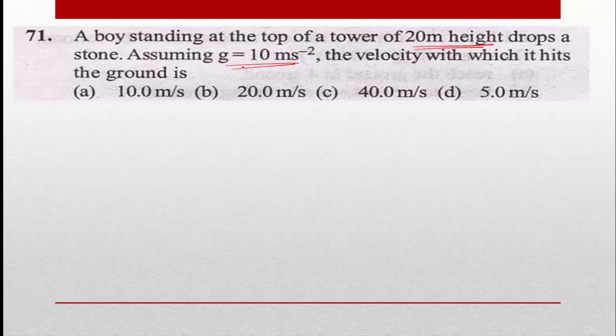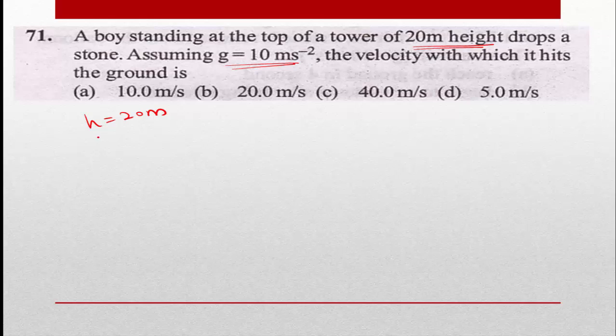The velocity with which it hits the ground. Here, the boy standing at the top of the tower of 20 meter height, h is equal to 20 meter, and it drops a stone.